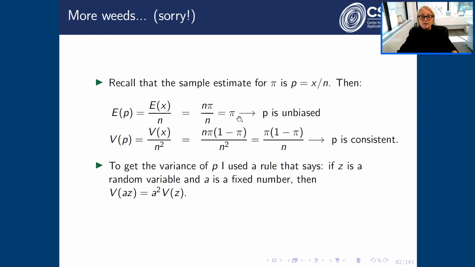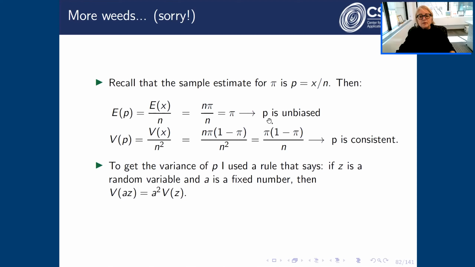Why do I care about this? Because this tells me that if I compute P in this way, then P has this wonderful statistical property, which is unbiasedness. On the average, my P is going to be equal to pi, or pretty darn close to pi.